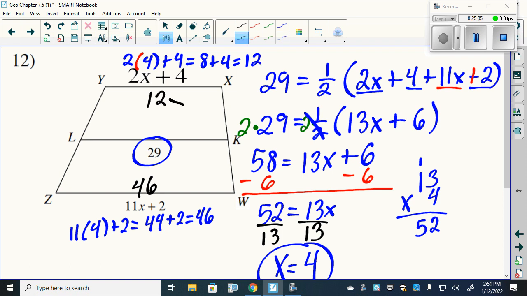Well, the difference between 12 and 29 is what? 36 is also 17. If you have an even number on top and an even number on the bottom, let's see here.